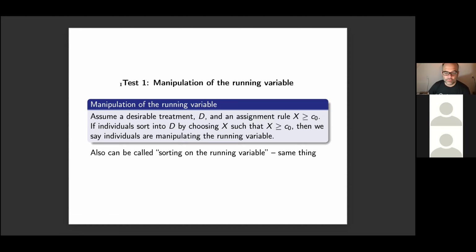That would basically mean people are not just doing their best on these tests. They're strategically trying to get just enough of a score to get in. If that's what they're doing, we say that they are manipulating the running variable, or we say they are sorting on the running variable. Those are the phrases that you'll read. They mean the same thing.